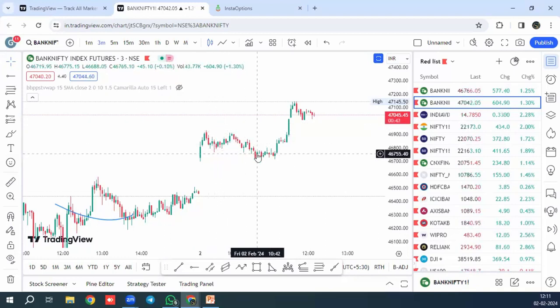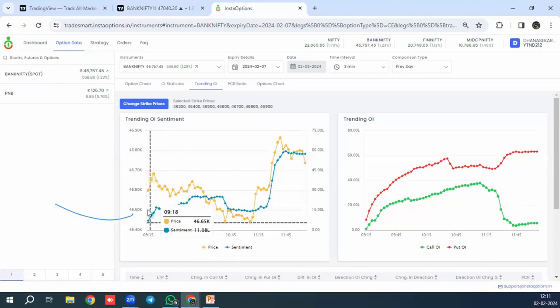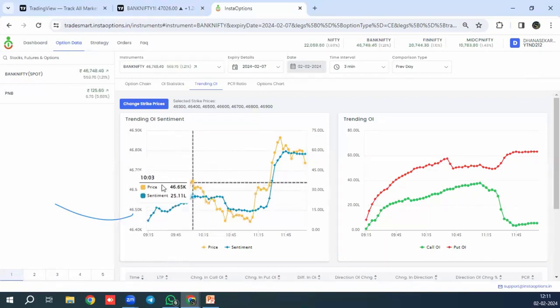It looks like it is replicating the same thing in sentiment also. But the difference is sometimes the market will shoot up and sentiment will remain on the negative side. We can just compare these two. Here we have price and here we have our sentiment, right? When you compare these two, you can find there will be a few places where sentiment was still consolidating and moving up, but the market was coming down.